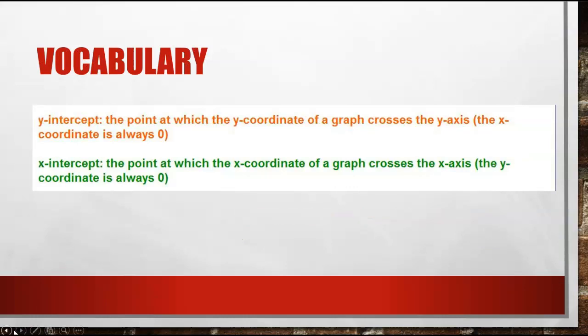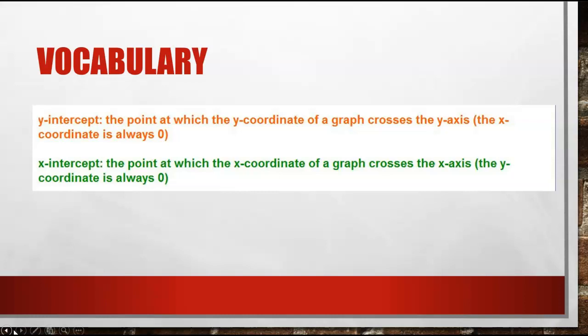Okay. And then the second part of this section is the x and y intercepts. The x and y intercepts occur when the opposite variable is 0. So the y-intercept occurs on the y-axis, which is when x is 0.